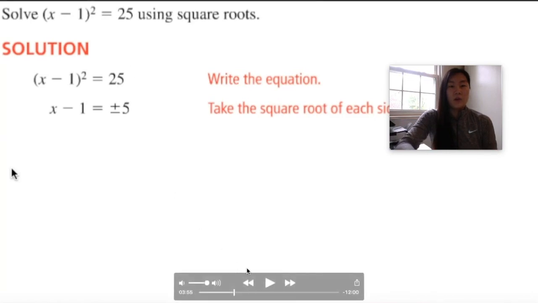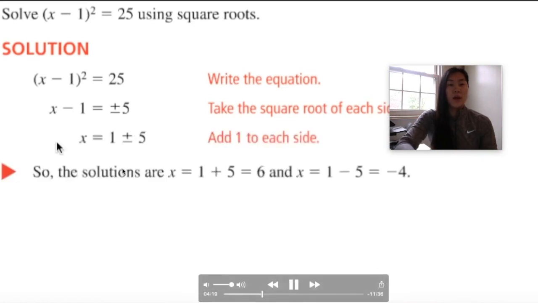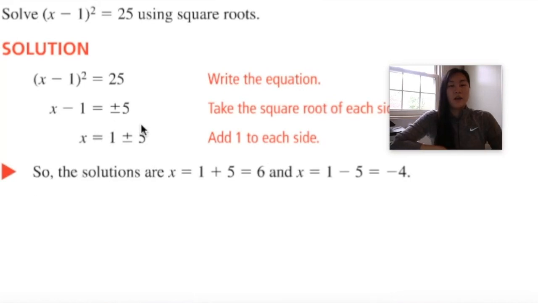Then now we're left with x minus 1 equals plus or minus 5. So really, we're adding 1 here. So we have 1 plus or minus 5, meaning x is equal to 1 plus 5, which is 6. And then x is also equal to 1 minus 5, which is negative 4. Two solutions.